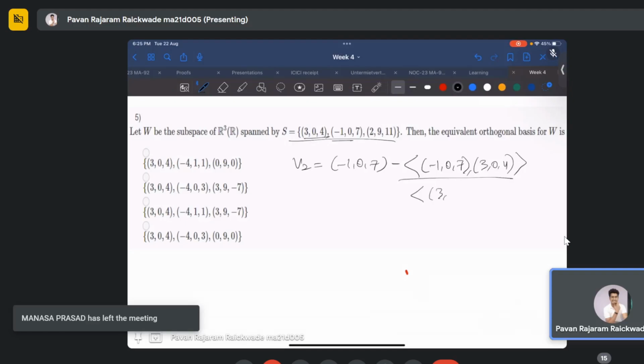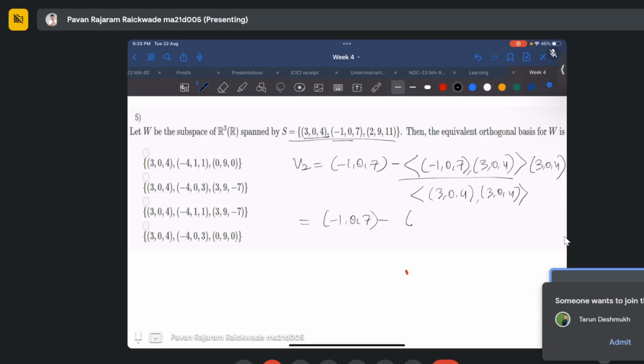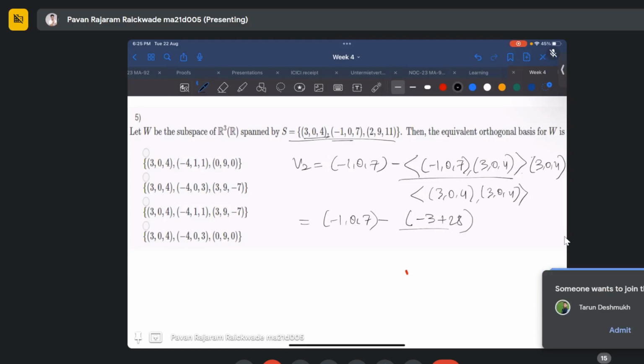I'll just state the inner product, not the norm. The first value is minus 3 plus 28. This value is 9 plus 16.